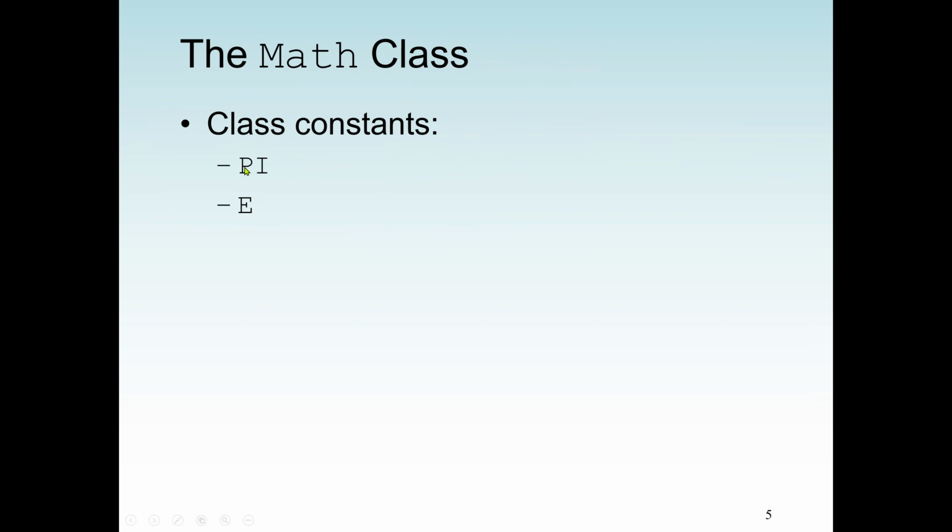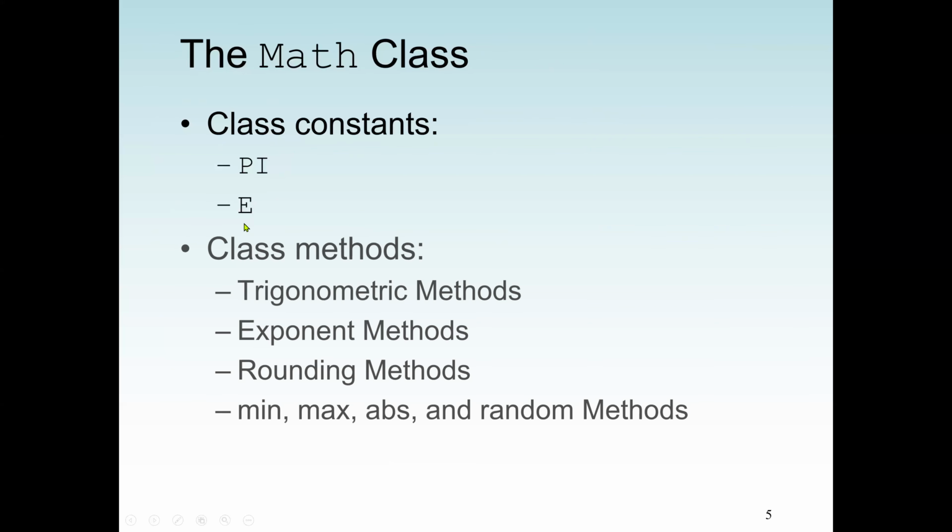In mathematics, pi is a constant value, which is 3.142. We also have the exponential value, which is 2.718, etc. In Java, we use uppercase PI to represent the pi value, and uppercase E to represent the exponential value.